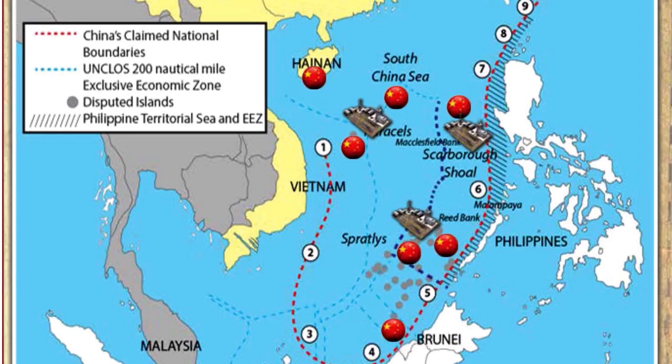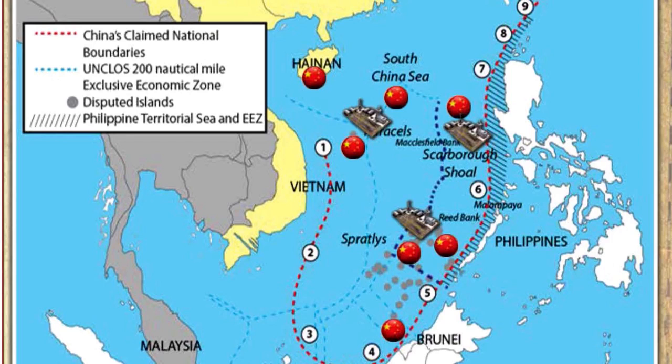In 1988, China seized Johnson South Reef from Vietnam. China moved very far to the south its southernmost defense perimeter. In 1995, China seized Mischief Reef from the Philippines, moving it further south, towards the 9-dash line. In 2012, China seized Scarborough from the Philippines.